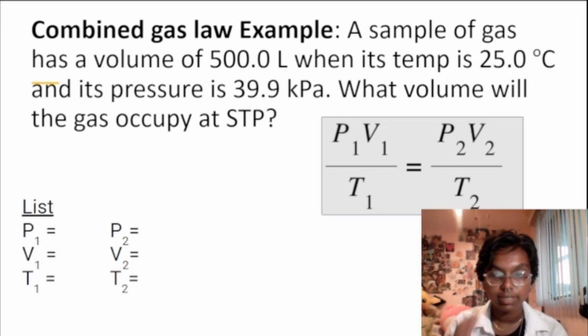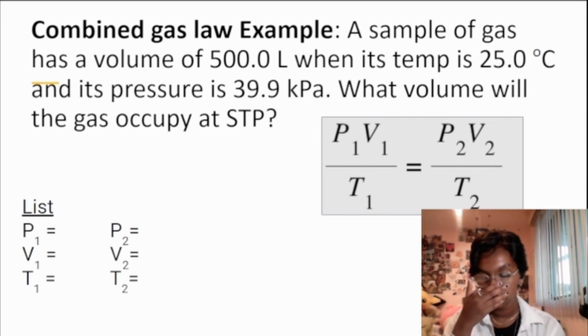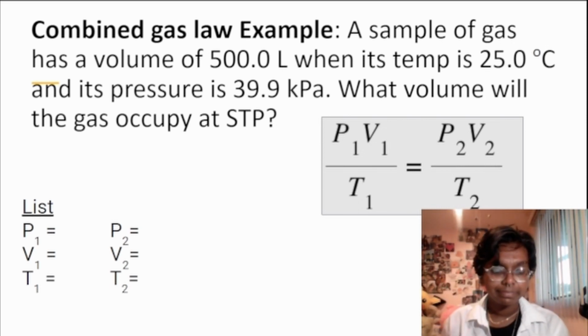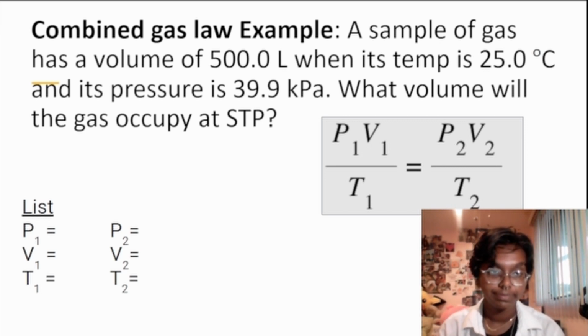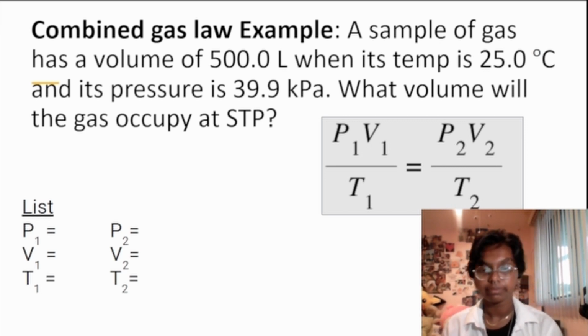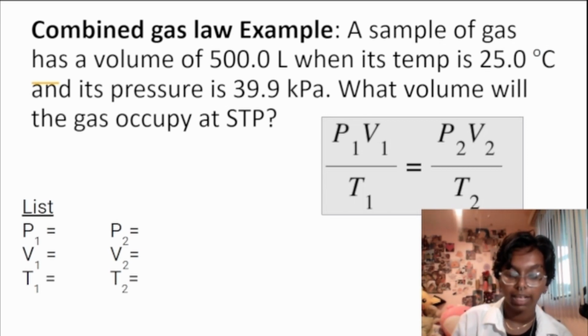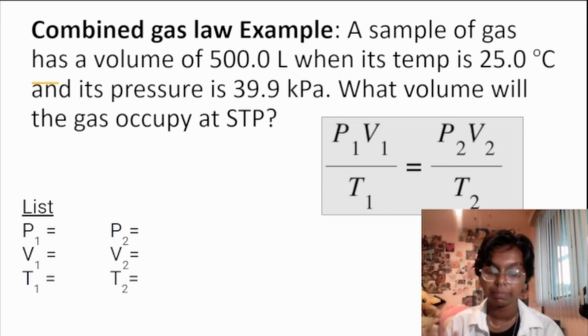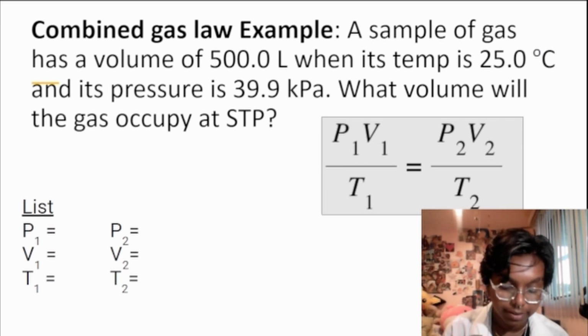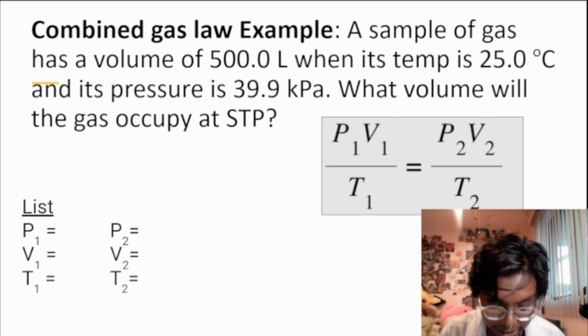So the initial temperature, 25 degrees Celsius, will become 298 Kelvin. And then the 0 degrees Celsius will become 273 Kelvin. But then it's just the same. You plug into the equation, and if I did this correctly, you should get 180.